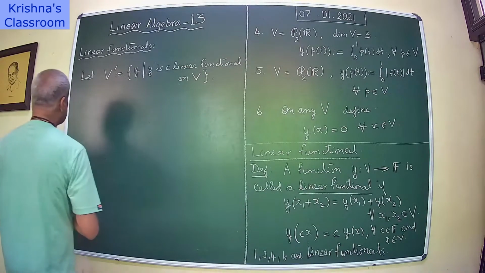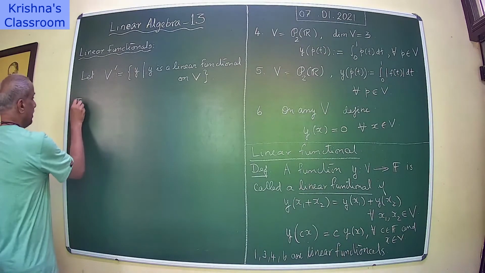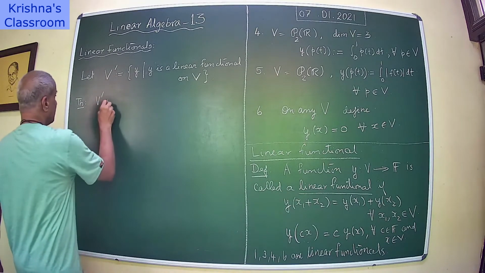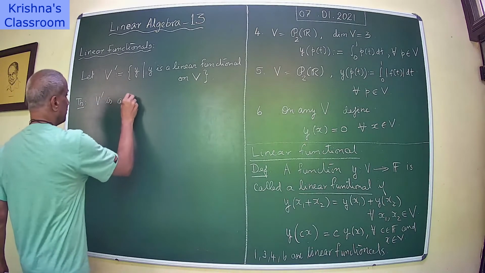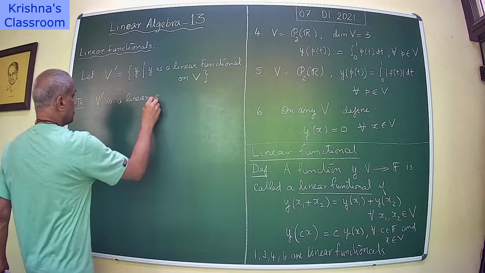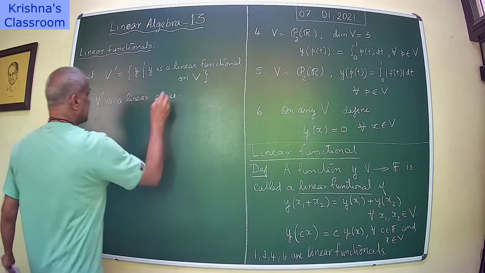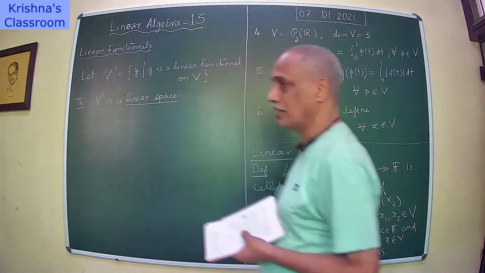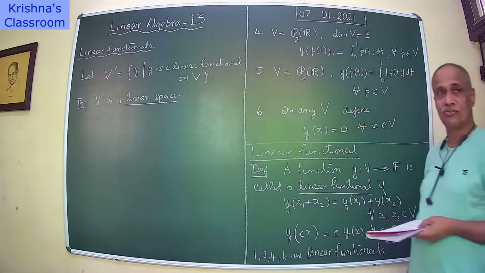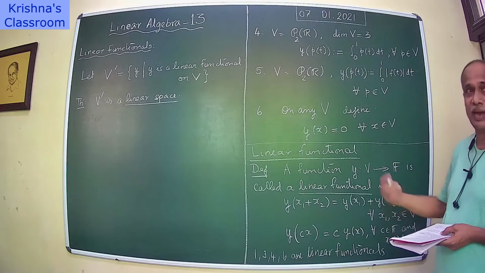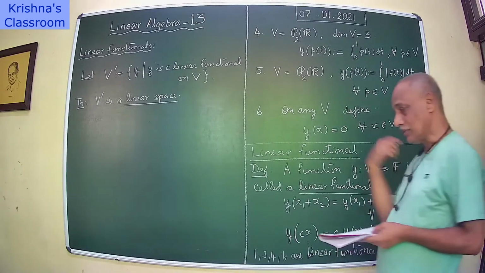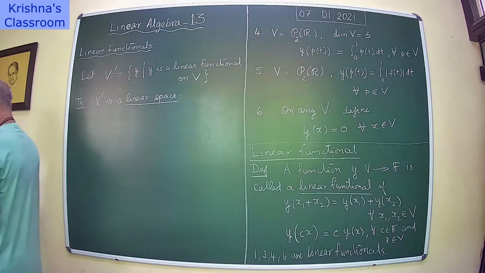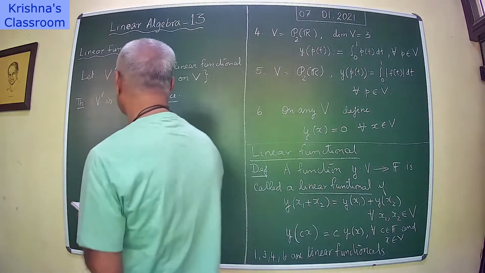Now the first theorem that we do is that V prime is a vector space. This is the statement I made, that nice structures are inherited from the domain as well as the range, as well as from the linearity properties of F. Okay, so let us prove this.